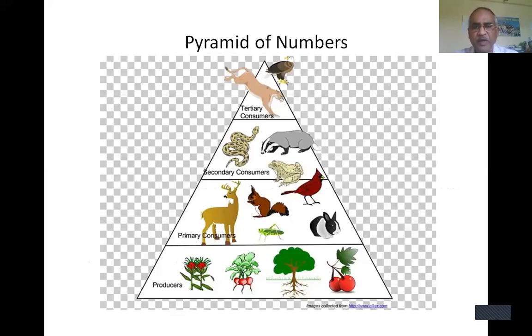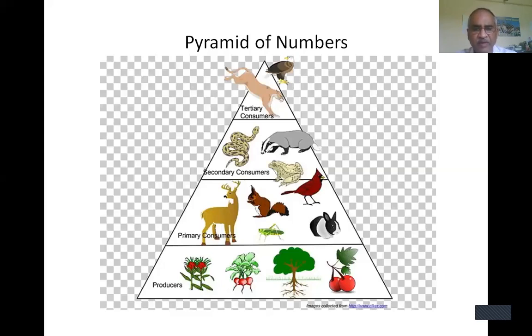So this is ecological pyramid basing on the numbers. So in the bottom, you can see there are producers. There are many in number. And then above that, you have herbivores. They eat these herbs, and so they are basically vegetarian. So these primary consumers occupy the level above producers.